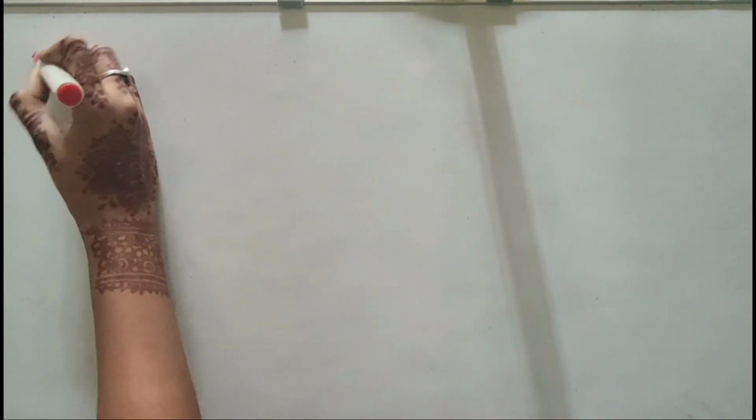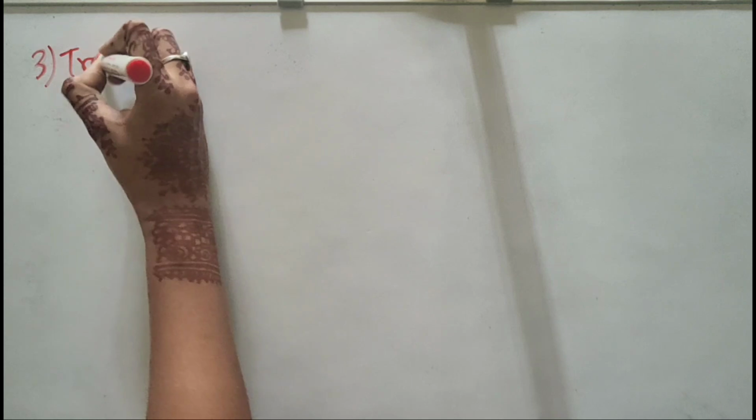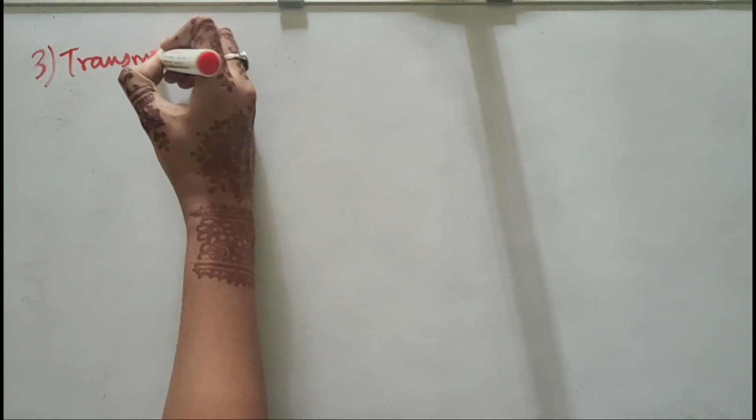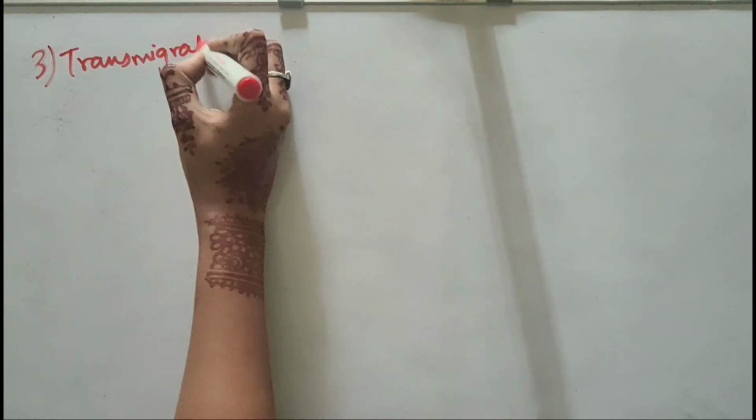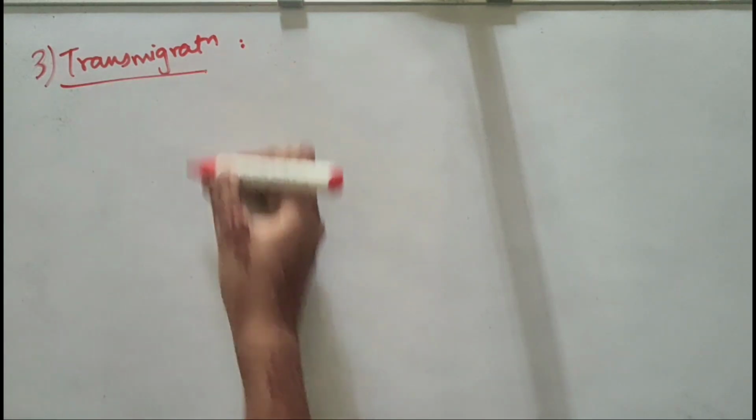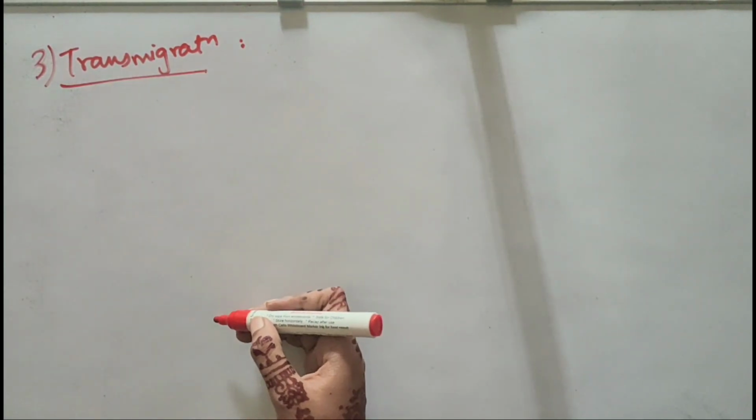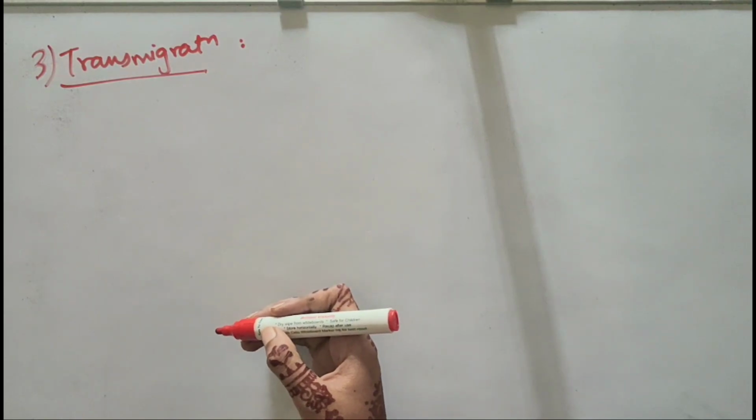So after rolling and adhesion, there is transmigration, which is also known as diapedesis, wherein the WBCs squeeze between endothelial cells and leave the vessels.